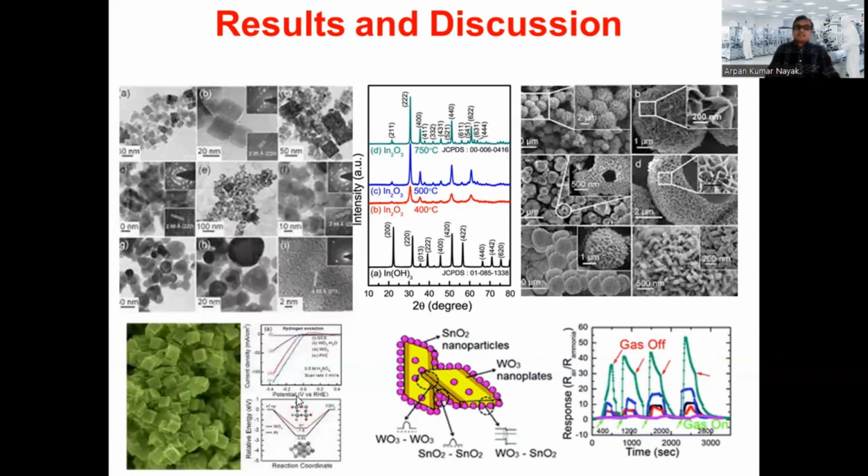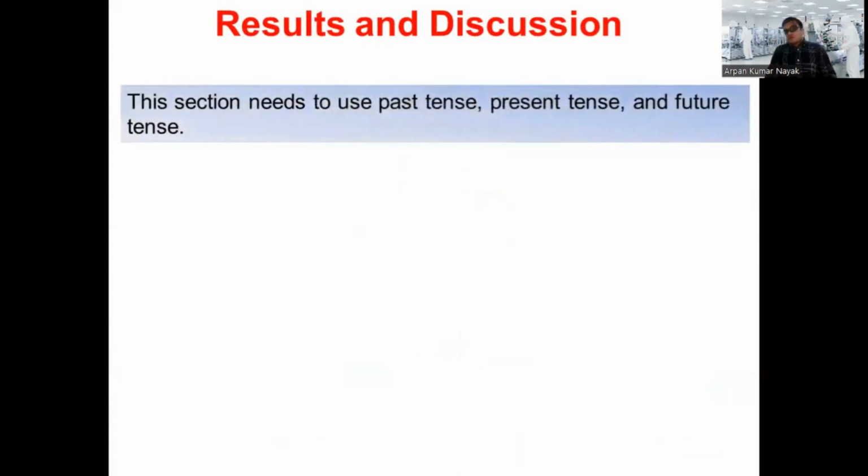So let's start now with the results and discussion sections. Like I told, in the abstract, introduction, or methodology section, we use particular tenses. But particularly in the results and discussion sections, we will use all the tenses: past tense, present tense, and future tense.